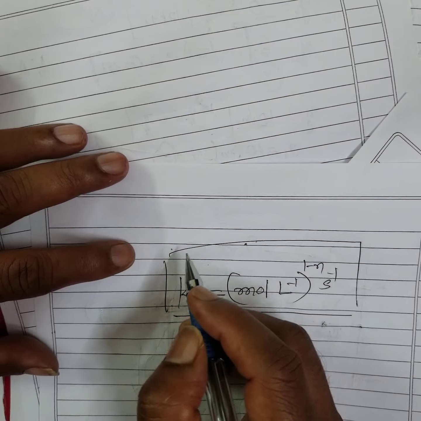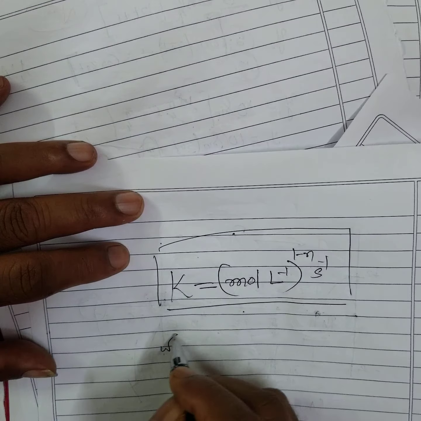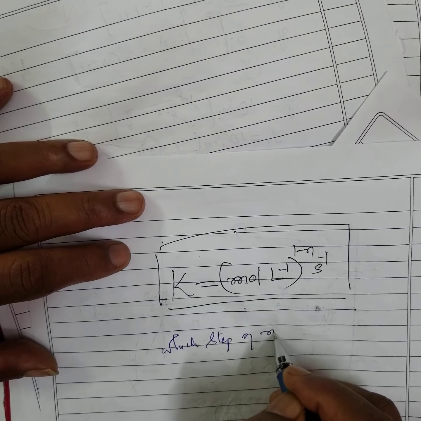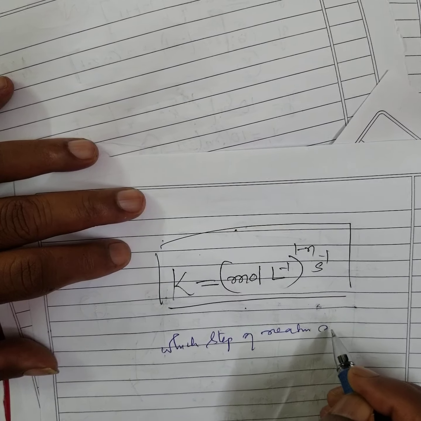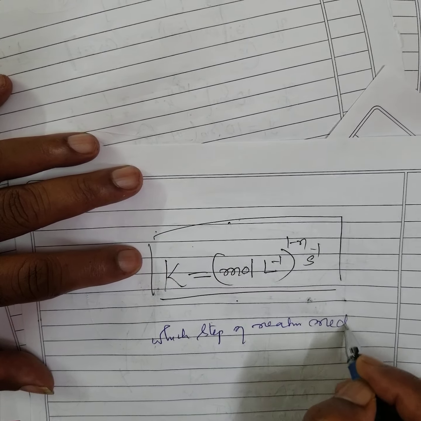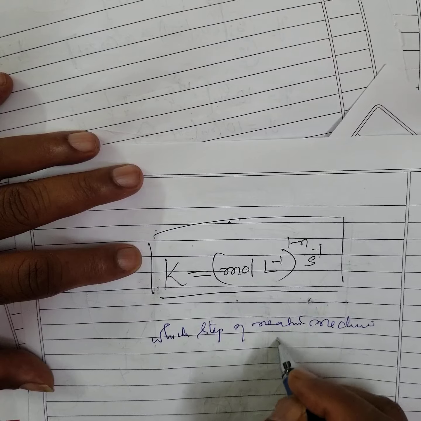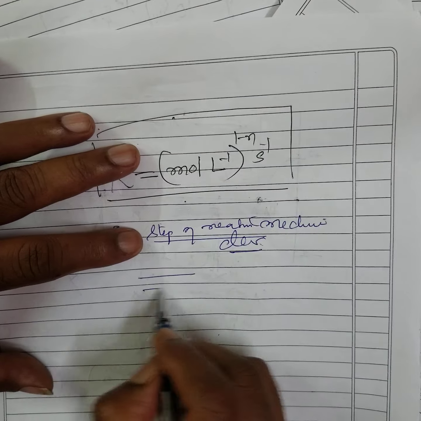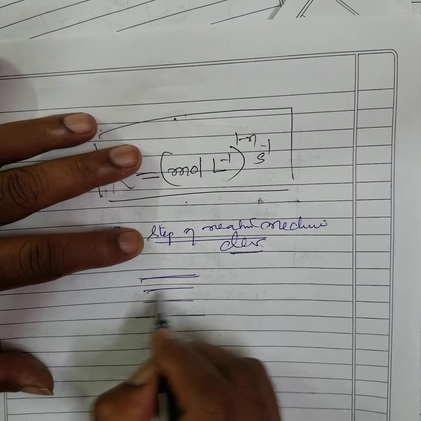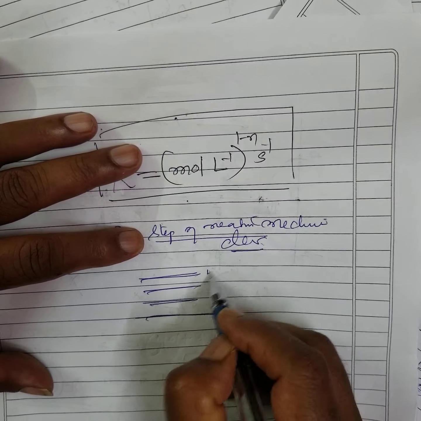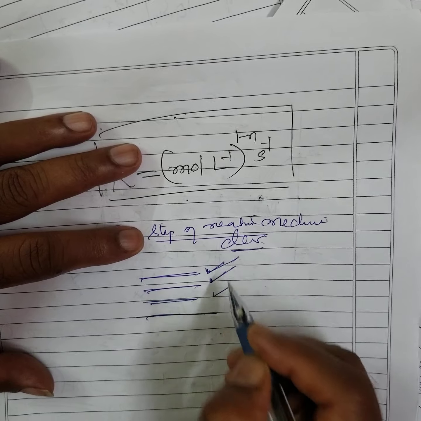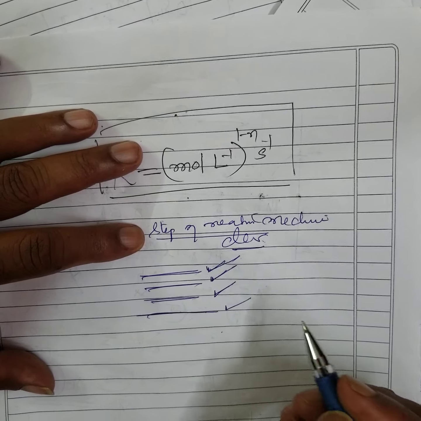Another thing, they may give you different types of problems, like which step of a reaction mechanism decides the order. There are several steps. One reaction is very fast, another is slow, another is intermediate.